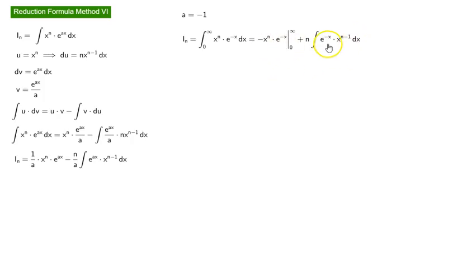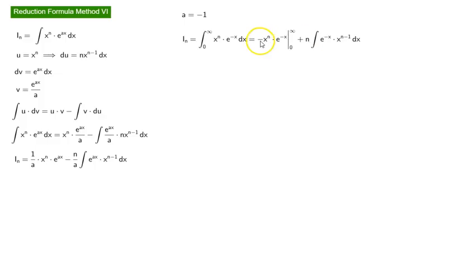Now what has happened here? Remember a is minus 1, so this has become minus x, this is minus x, this is minus x. Second, we had minus n by a, but a is minus 1, so minus minus becomes plus and we are left with only n.